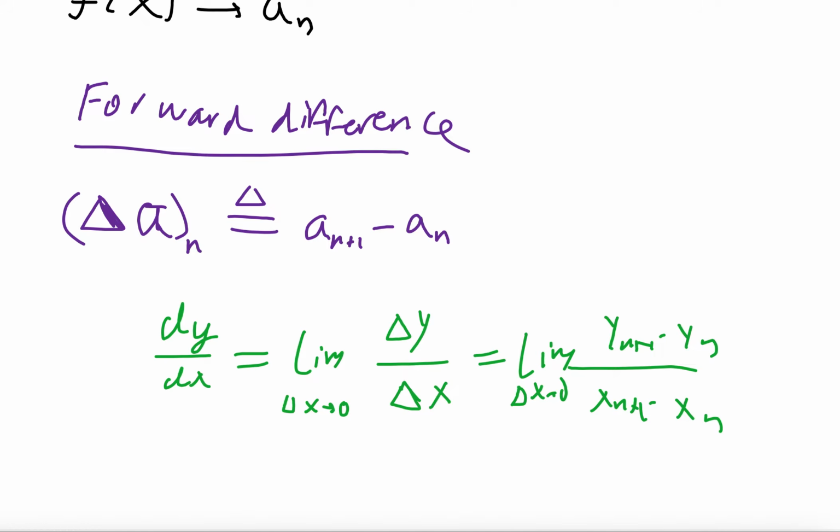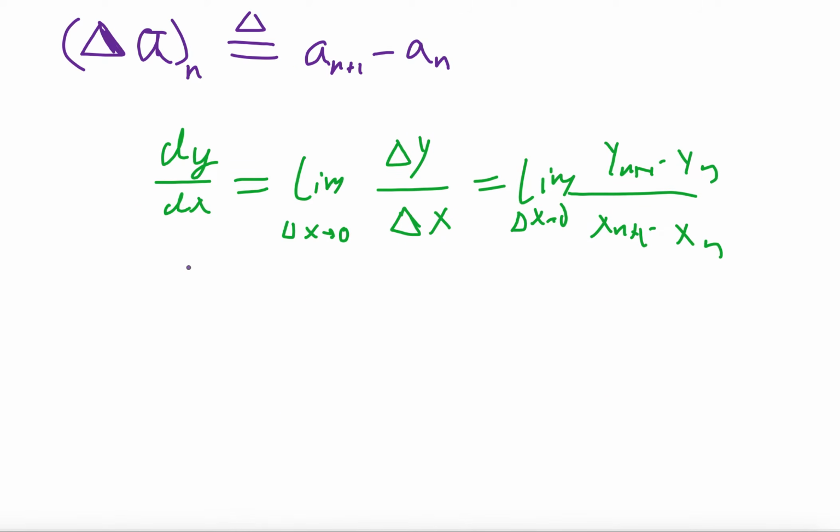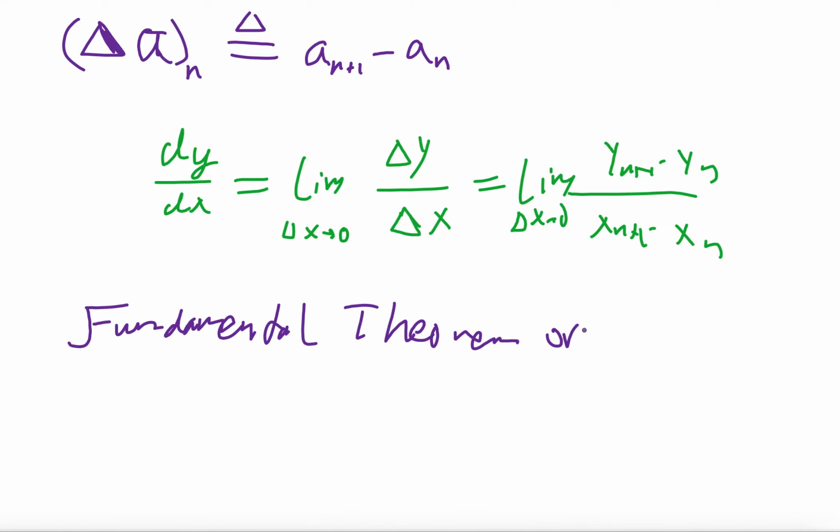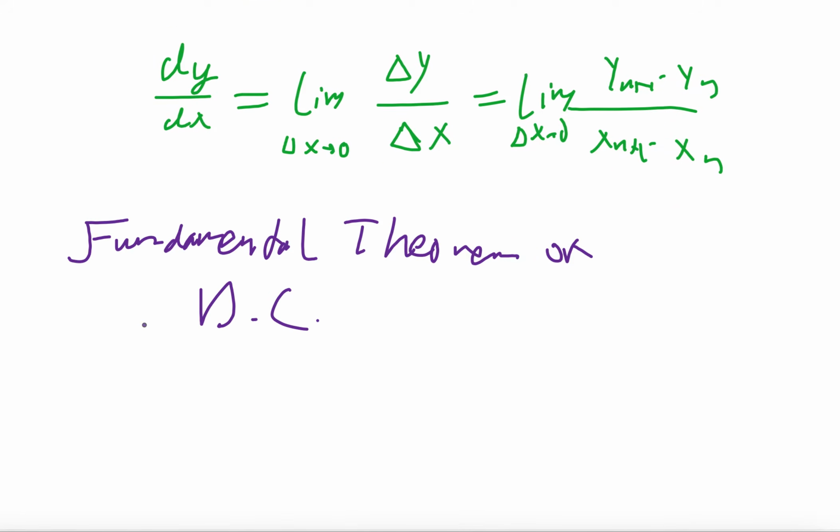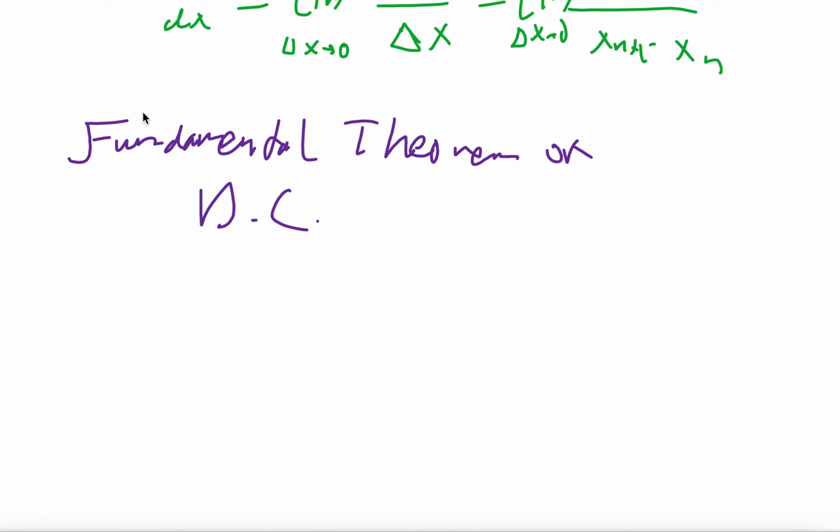Now that we have this out of the way, we can turn our heads to a very important result known as the fundamental theorem of discrete calculus. Don't be afraid when you hear that, because I promise you it's far simpler to prove, and we're going to do that in this video right now, than the actual fundamental theorem of calculus in smooth calculus.